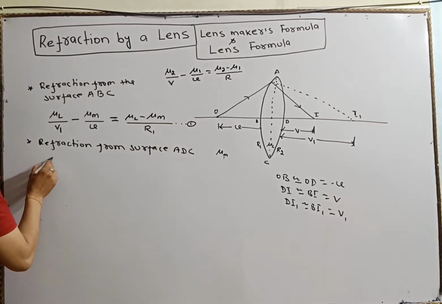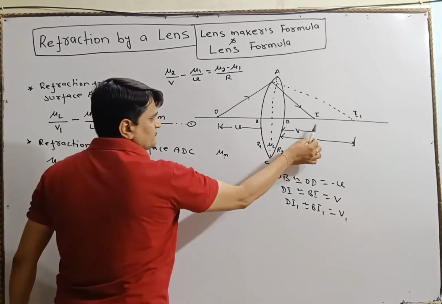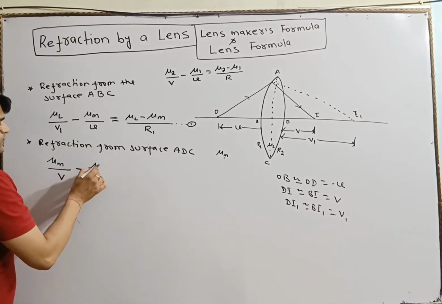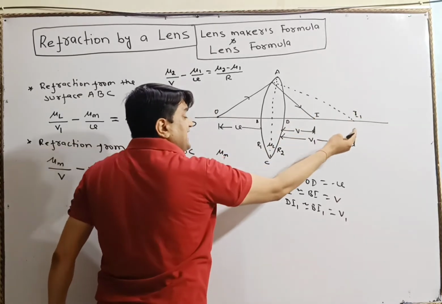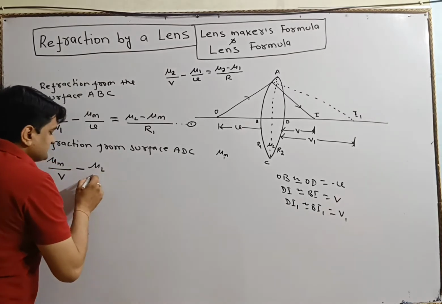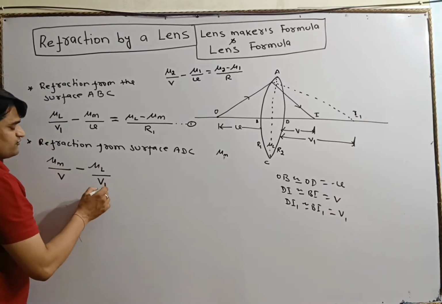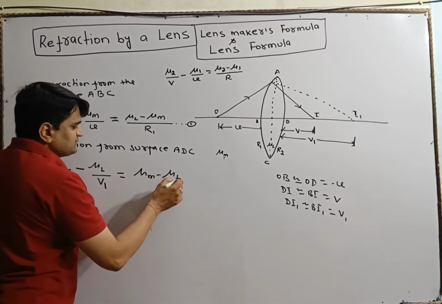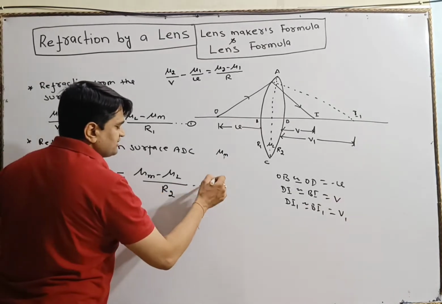So the final image is formed in mu M, and it is V. So mu M upon V, minus mu L upon V1, because this image I1 acts as an object for surface ADC, and it is in medium mu L, and its distance is V1. This equals mu M minus mu L upon R2. Let it be equation number 2.